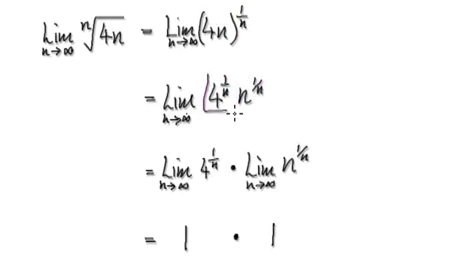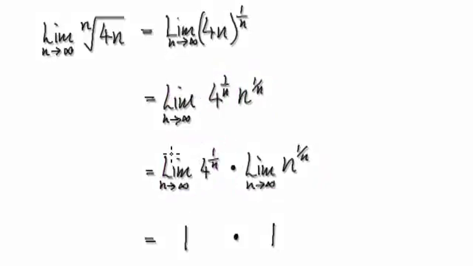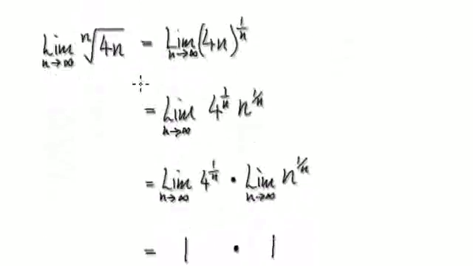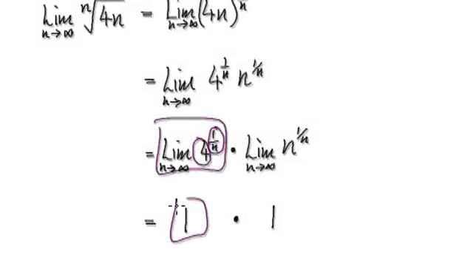And then when you take a limit of a product, you can take the limit of each block. So this is like one block and another block here, and then you can see that this here is number 3. That's a constant to the power of 1 over n, which is 1. So a constant to the power of 1 over n gives you 1.